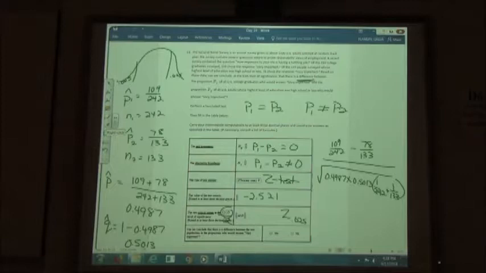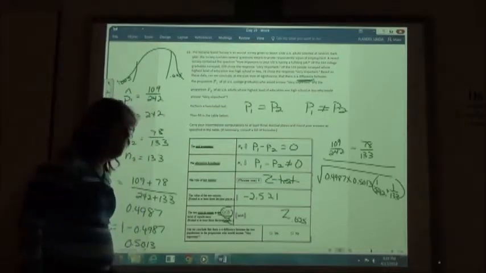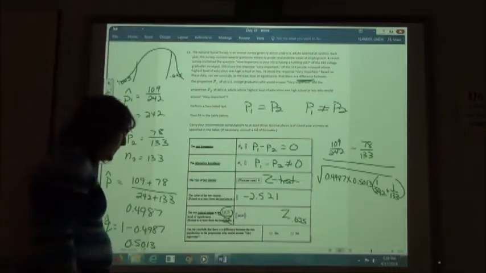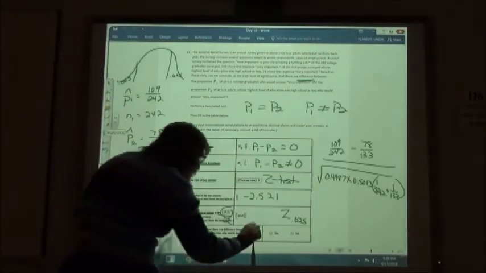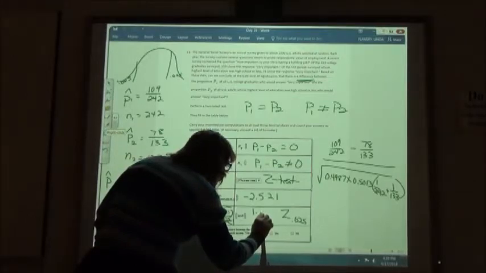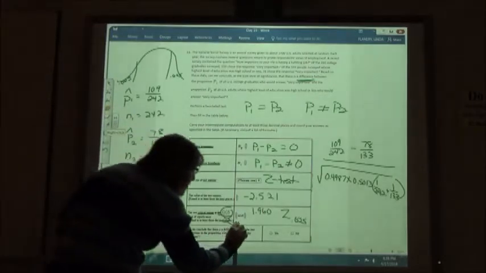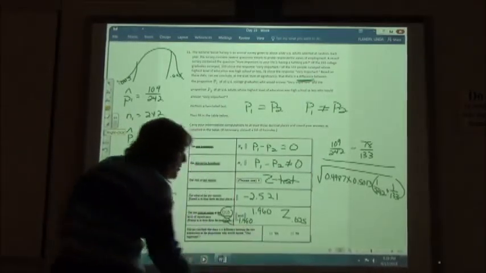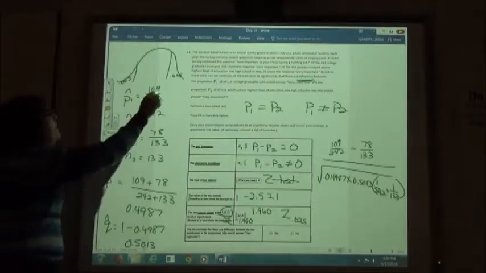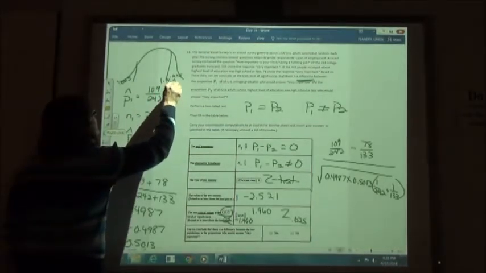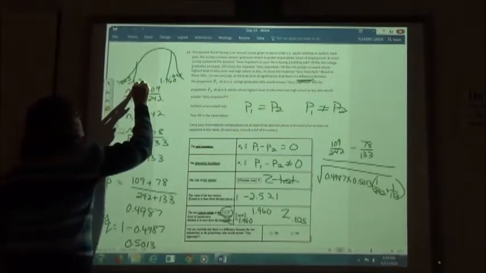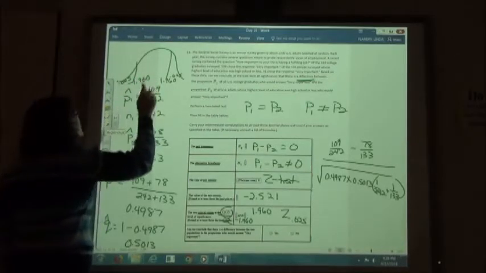So our critical values are 1.960 and negative 1.960 since we're doing that two-tailed test. 1.960 would be the value here, negative 1.960 would be the value here.